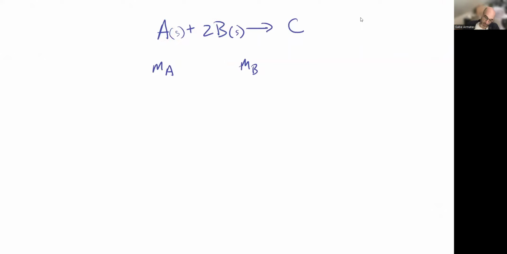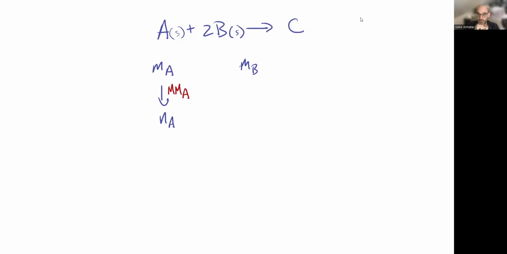We always, always, always have to convert to moles of A. N is moles. So we always have to convert to moles first. And we simply do that by using the molar mass. We always use molar mass of A. Going from grams to moles or moles to grams, you have to look at the periodic table.